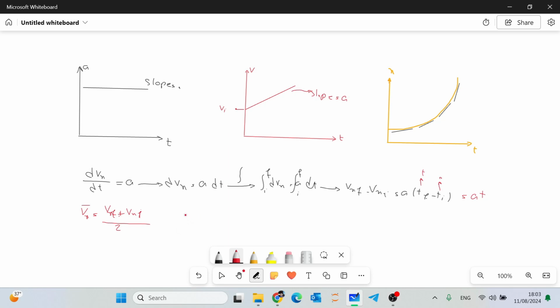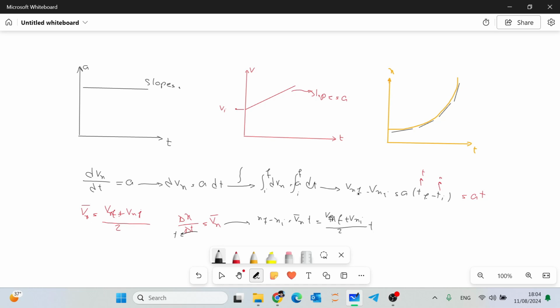Then, as you know, delta x over delta t equals v bar x here. Then xf minus xi equals v bar x times t. This equals vxf plus vxi over 2 times t.